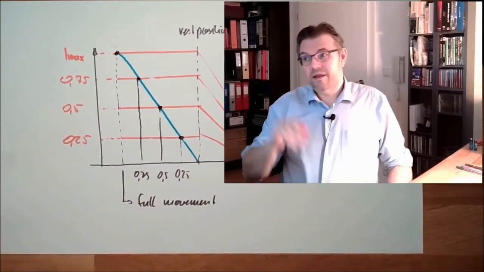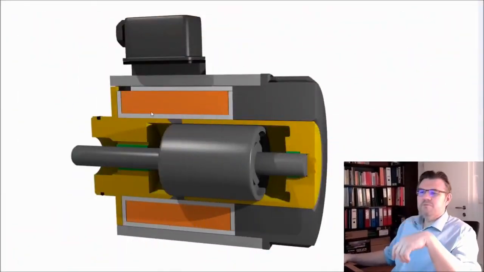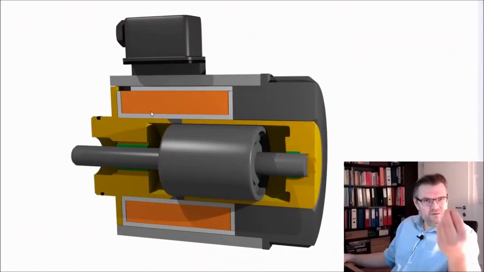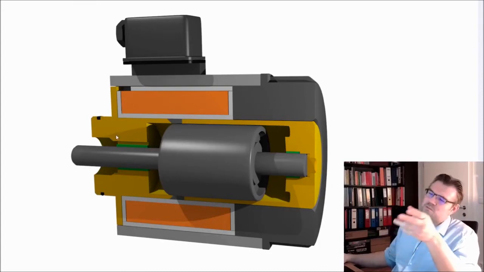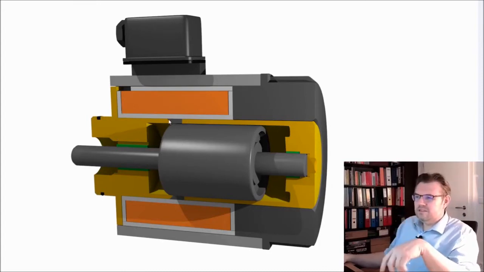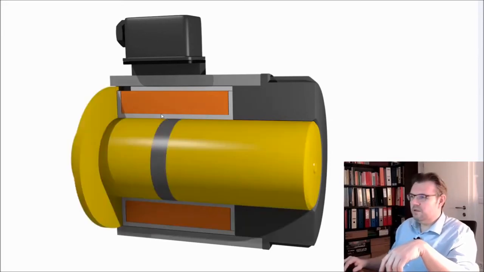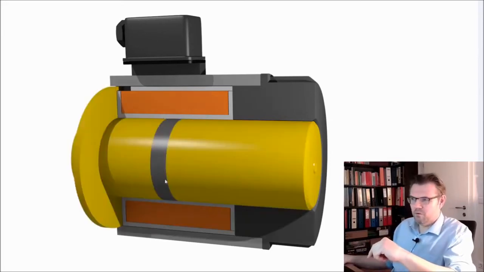Yeah? And now let's come back to our picture. It's not that easy to achieve this, because the magnetic field is distributed somehow, and this is exactly where I put in this black or gray thing here.